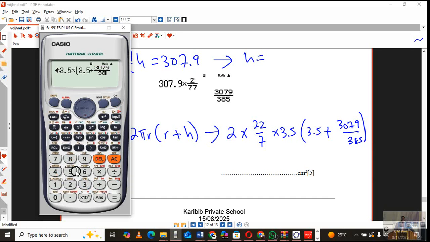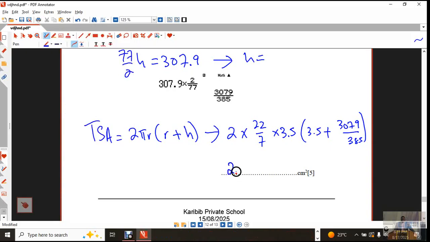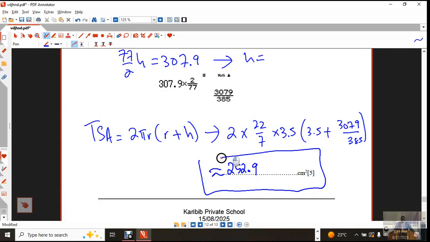No, 385. Again, that's why I took the screenshot so I can see it. Okay, let's hit enter. Of course, we get another horrible number, well, I can just as well round it. It's about 252.9, more or less, give or take. That will be the total surface area.